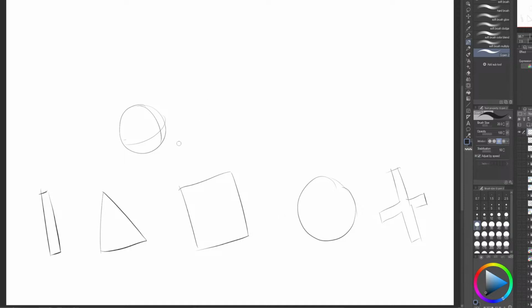Okay, so let's also put this on a plane. So now we know it's here, and the light source is coming from this direction.